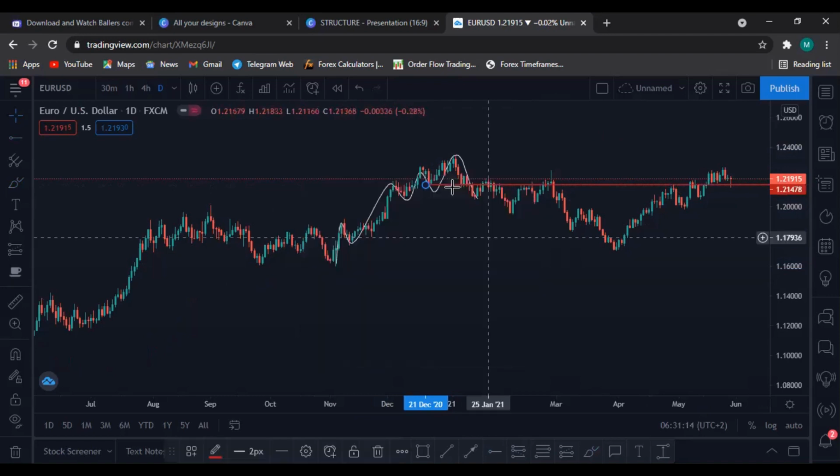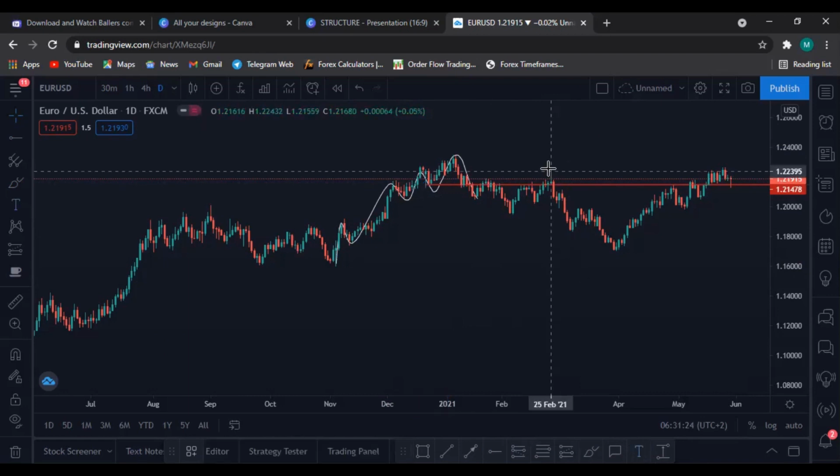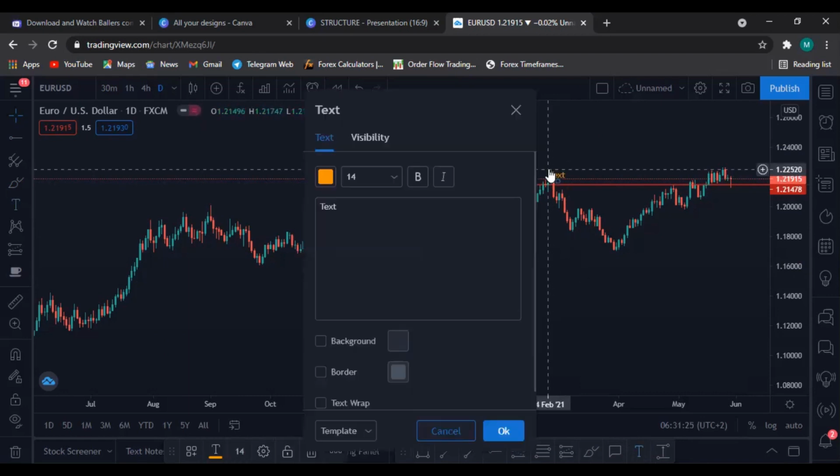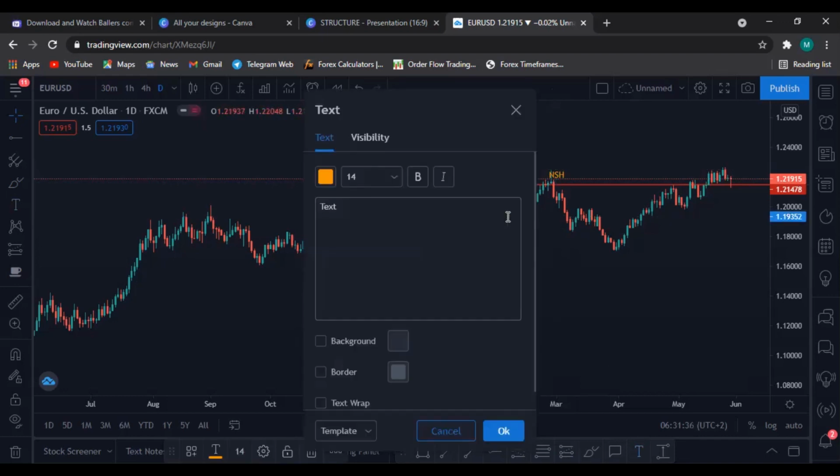Right. So when that happens, we wait for the market to come back up.